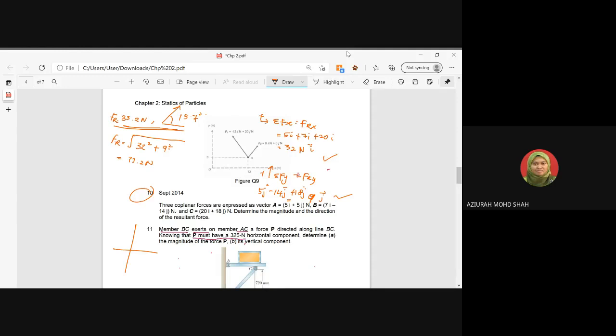Beza dengan yang 3D tu kita semua ambil measure daripada positif dia punya axis, X, Y and Z. Tapi dalam 2D ni kita boleh ambil negatif x-axis, itu saja. Jadi kita nak determine whether it is in which quadrant is based on your calculation lah. So final FRx you get in positive, it means it will be either quadrant 1 or quadrant 4, but you have to double check with Fy ni. Kalau Fy positif, quadrant 1 lah. So in this case, quadrant 1.